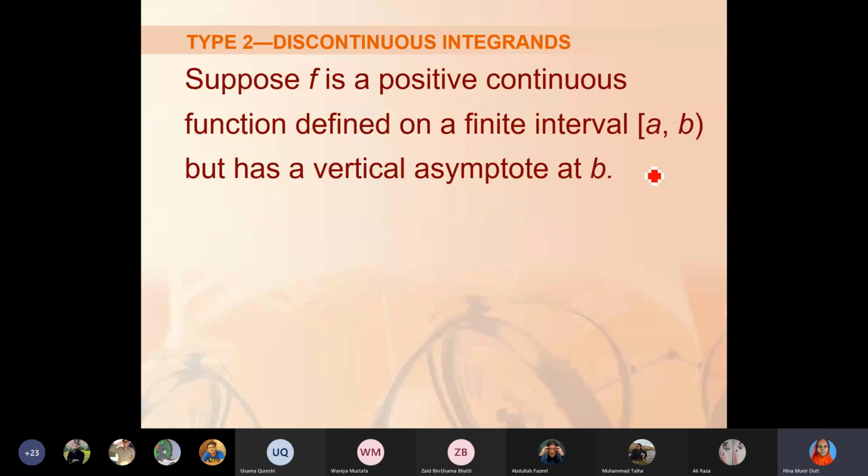Improper integral of type 2 means that if your integrand becomes infinite at the point b, at the limits of integration, then we will replace b with t and take the limit as t approaches b from the left side, and then evaluate this limit, and then we will see what type of integral, then apply the limit.